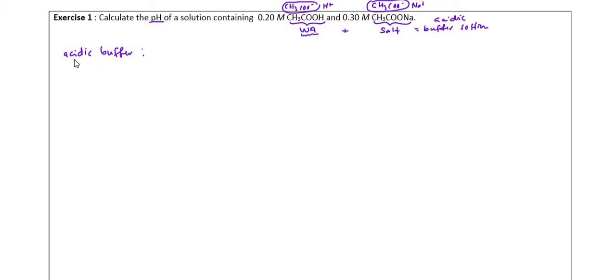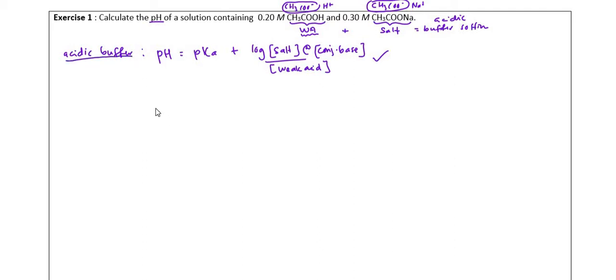For an acidic buffer, you use pH equals pKa plus log concentration of salt over concentration of weak acid. Or here you can also write conjugate base, which is accepted. You use this formula because you are dealing with an acidic buffer.